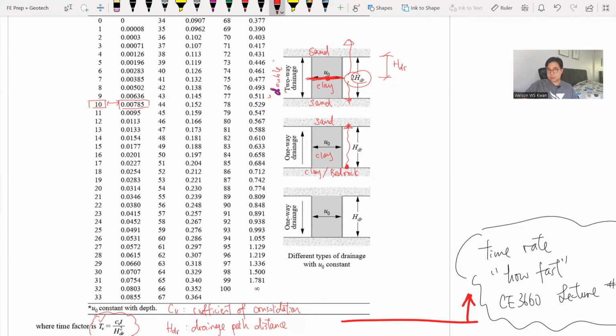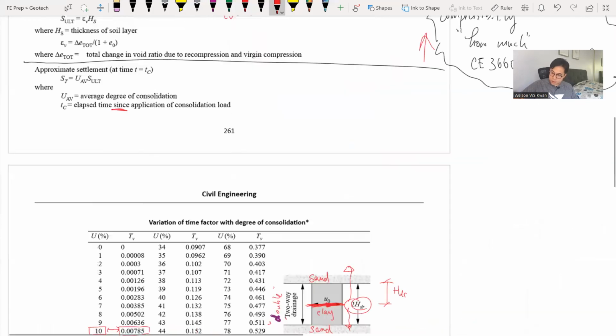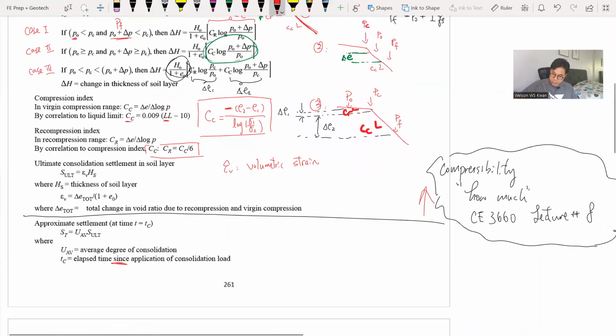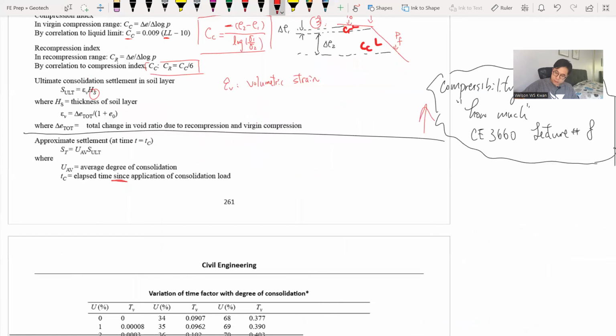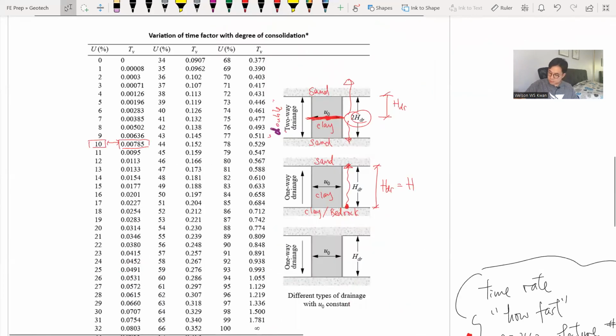So the longest drainage distance will be equal to the whole layer. This time it becomes what we previously called H sub S, the thickness of the soil layer. Previously, when you had double drainage, it was half of the thickness of the layer.